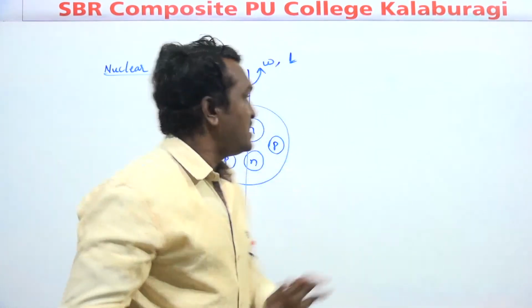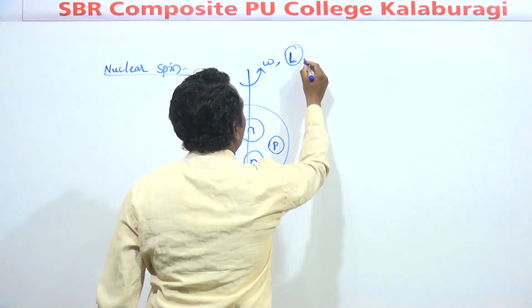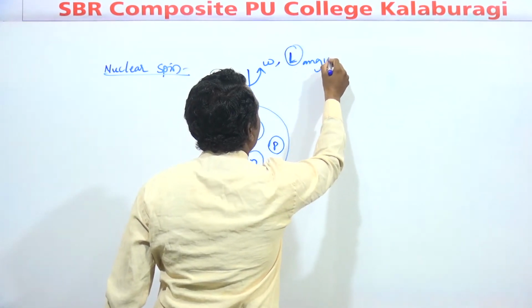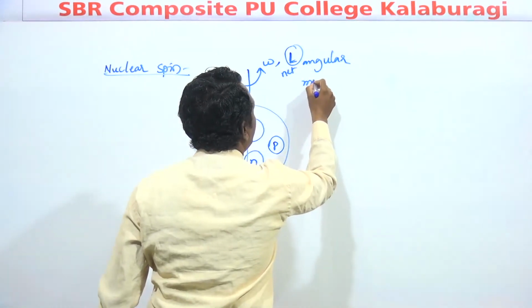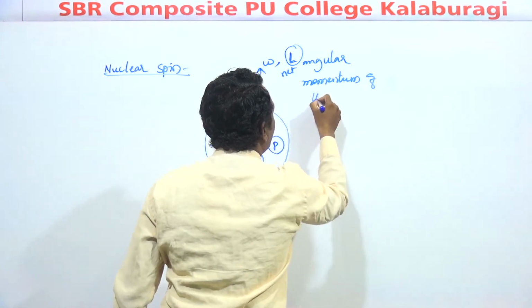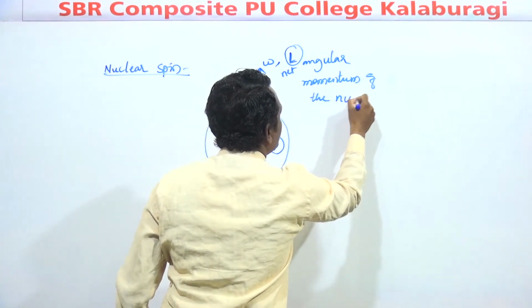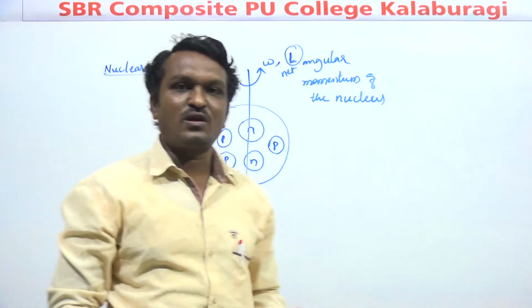This is the net or total angular momentum of the nucleus.